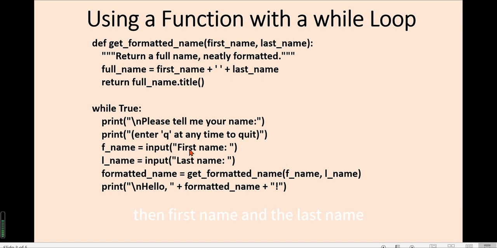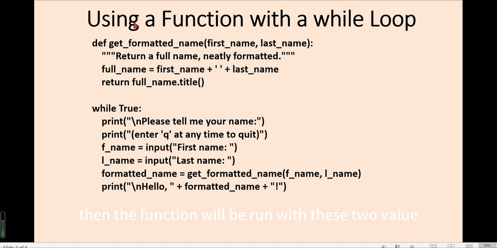Then the first name and last name input values will be stored in two variables called fName and lName. Next is calling the getFormatTheName function, and the fName and lName values are the inputs of the function.